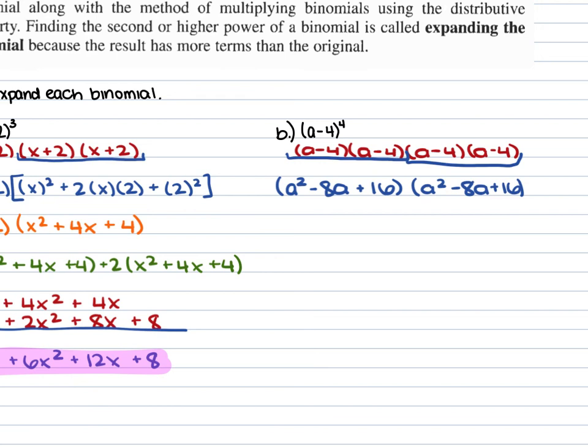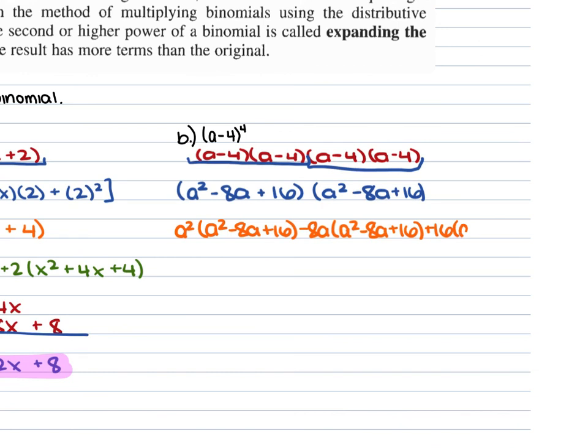From here, we can just distribute. So we're going to take the a squared and distribute in to a squared minus 8a plus 16. Then we'll take that minus 8a, distribute into the a squared minus 8a plus 16, and then do the 16 times a squared minus 8a plus 16.